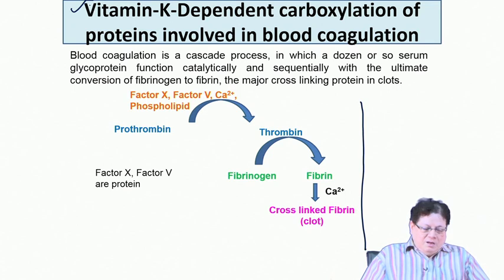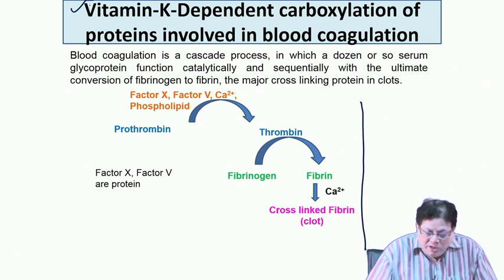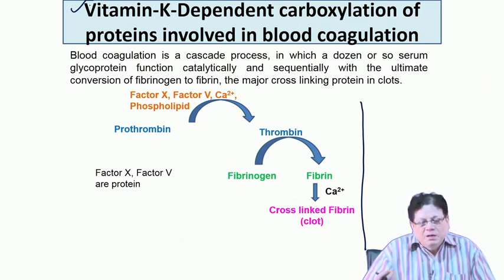If you have a vitamin K deficiency, then blood clotting will be a very slow affair, and a lot of blood will be lost. In addition to vitamin K, you also need a lot of calcium ions, because the clot is made up of a protein called fibrin.